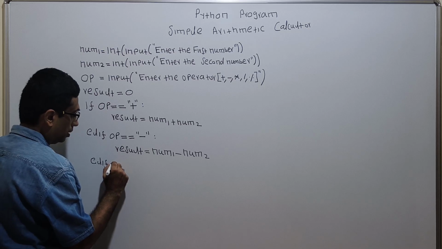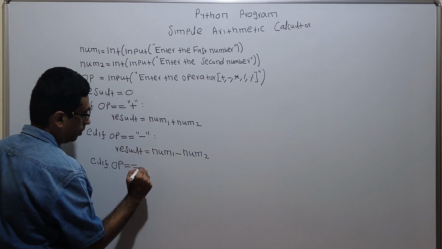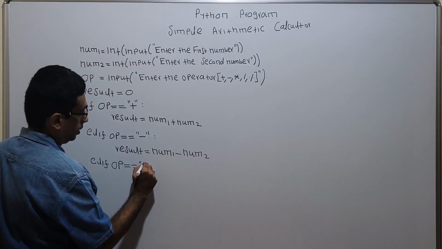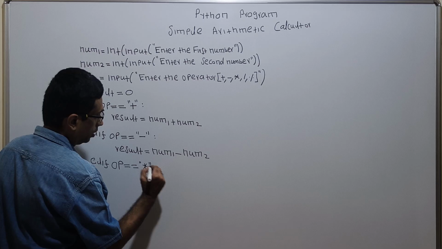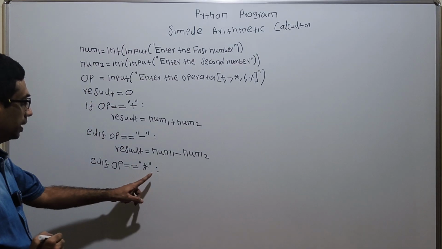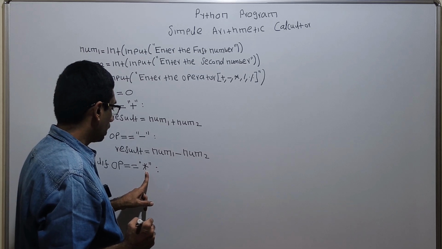If this is also false, I am writing another elif condition: elif op == '*', that is for multiplication, colon. If this condition is true, the value in the operator is equal to star asterisk.